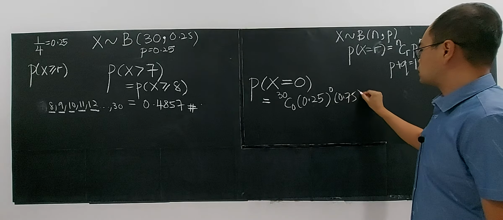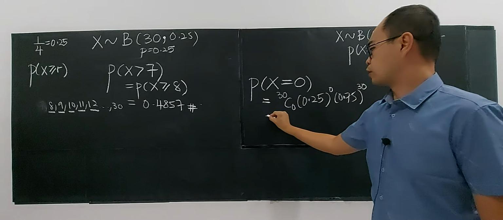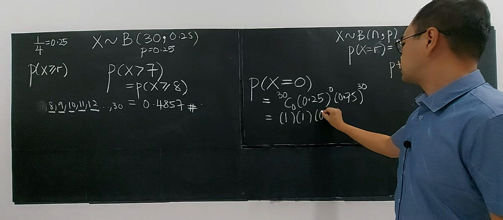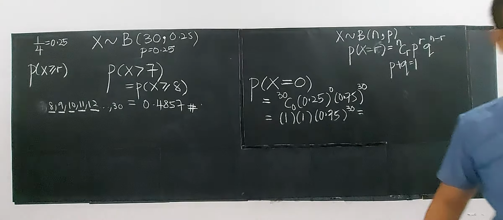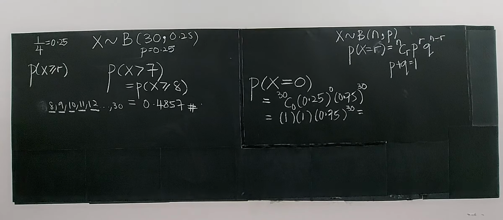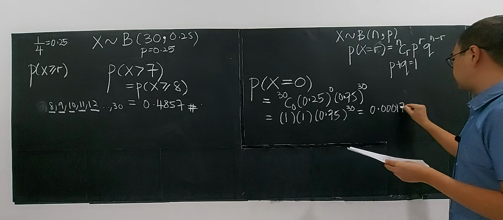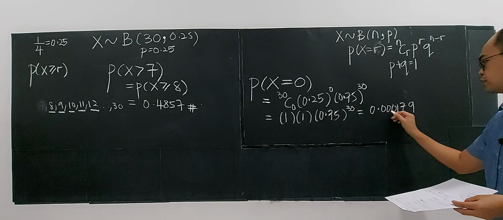All are mistakes, so 30 mistakes: 0.75 to the power of 30. 30 C 0 is 1, and 0.25 to the power 0 is also 1. After calculating with the calculator, I get 0.000179 to 3 significant figures. You see there are so many zeros here.